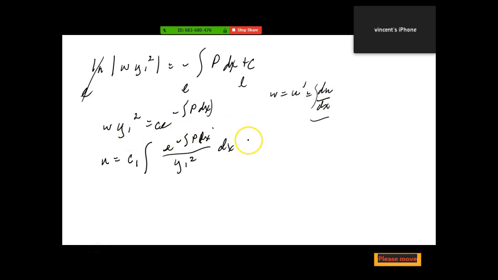And then you get a plus c2 here, the c1 from the first term and c2 from there. And again, they pull this deal of choosing c1 equal 1 and c2 equals 0, so you don't have to worry with it.